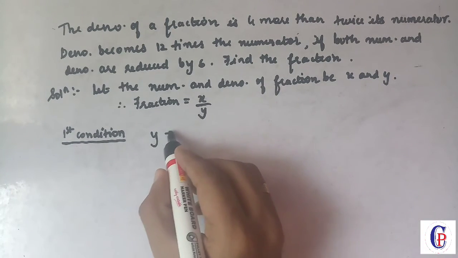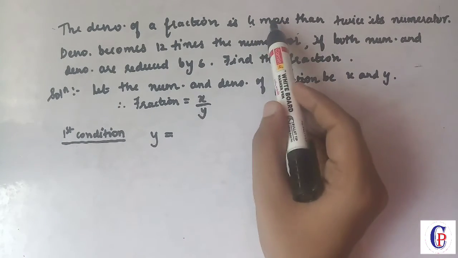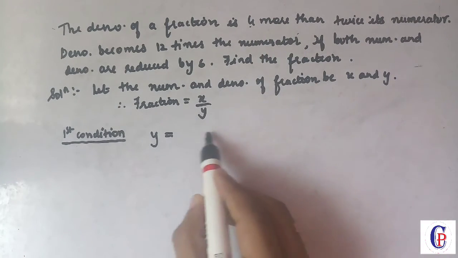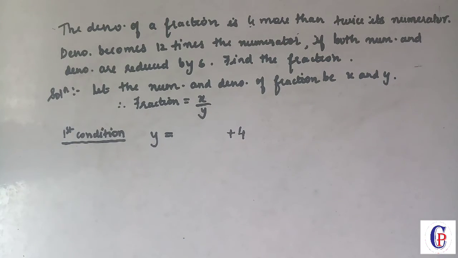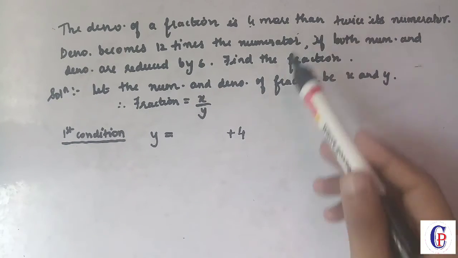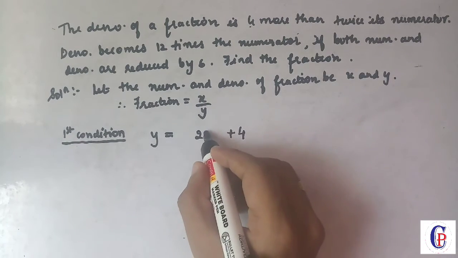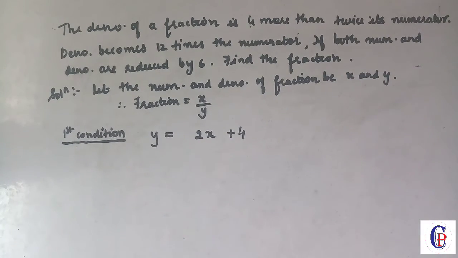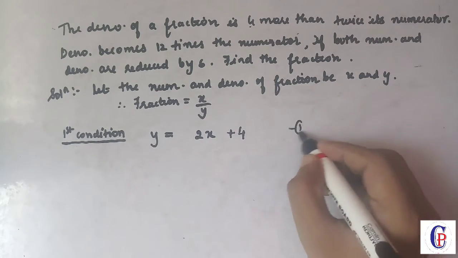Whenever you have 'is', you put an equal to sign. 4 more means you leave some space and write plus 4. If it is 4 less, you would write minus 4. Now 4 more than what? Twice its numerator, so 2x, because our numerator is x. So we get y = 2x + 4, and this is our first equation.